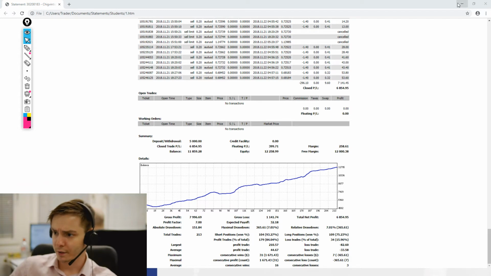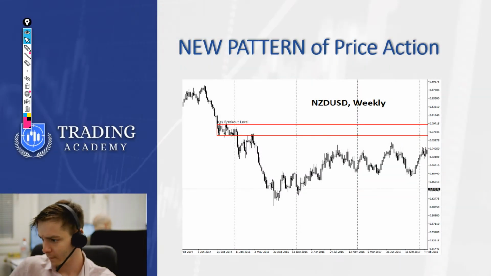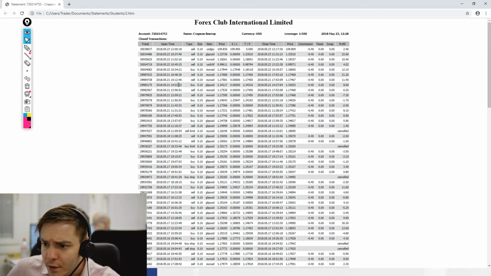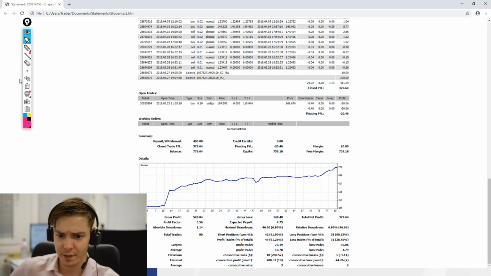Let's look at another. I will check this one. These are trading results for 2 months. And you see this equity here, it's not so perfect at the moment, but I see that the trader struggled a little bit here.